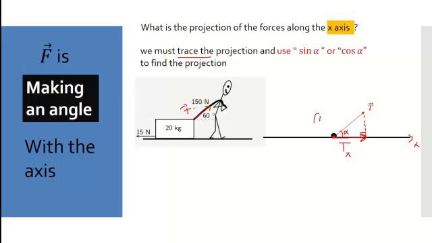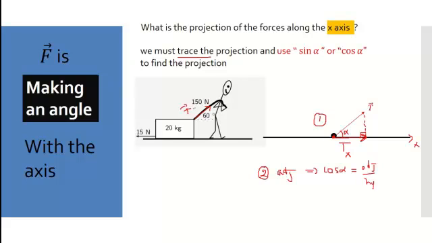This is the first step we draw. The second step, in order to find Tx, I must know, should I use sine alpha or cosine alpha? In order to know, I look at the component Tx. Is it adjacent to alpha or opposite? We look, it's adjacent. If it's adjacent, then I know I will use cosine alpha, since cosine alpha is equal to the adjacent over the hypotenuse.